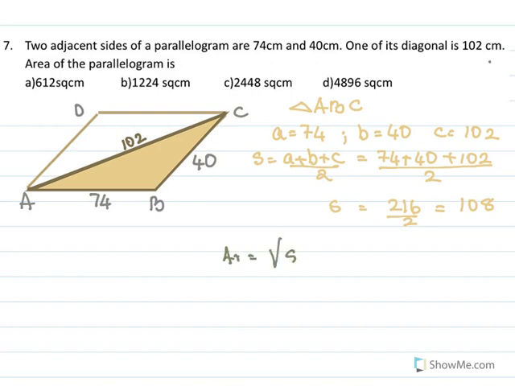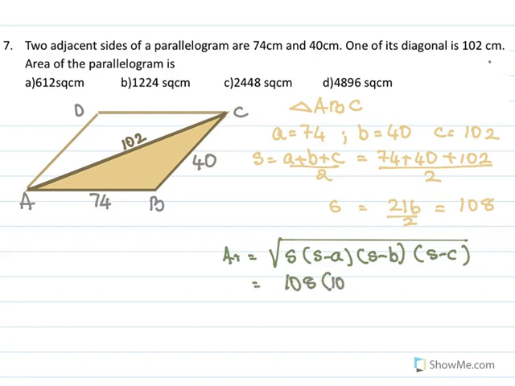In the next step, we are going to find the area. And we know the formula for area is the square root of S into S minus A, S minus B, S minus C. And we put the values now. So our S is 108, S minus A is 108 minus 74, then we have 108 minus 40, and in the end we have 108 minus 102.